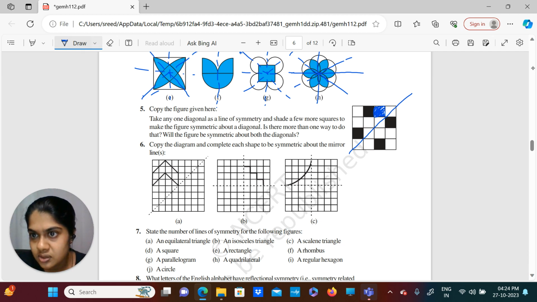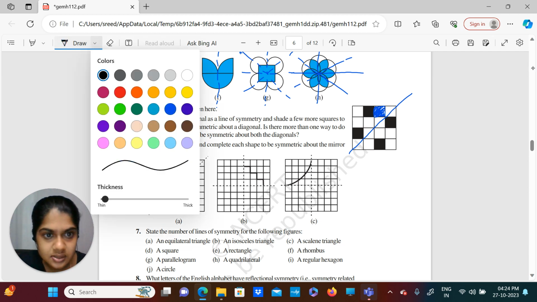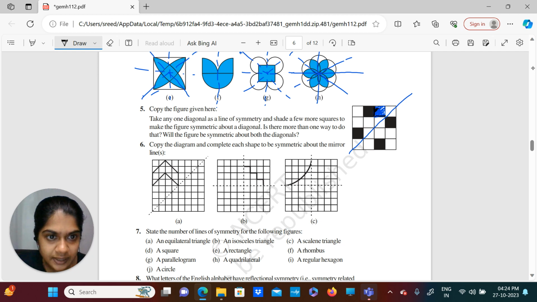Is there an option? Yes, I will choose black here because this is colored, right? Since this one is colored, I should color this one also.